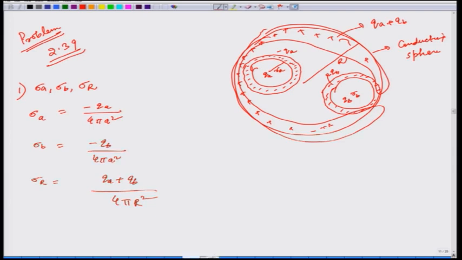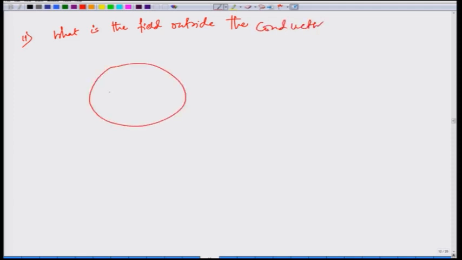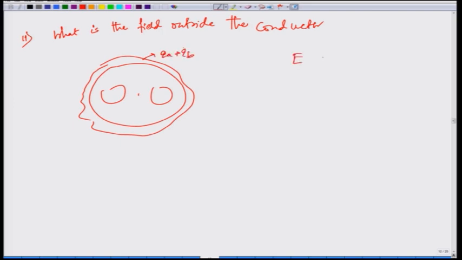It's that simple. Now the second part of the question says, what is the field outside the conductor? Very simple. Whatever be the cavity, we know that the charges on the surface are QA plus QB, and we know that the field is 1 by 4 pi epsilon naught Q total by R square.